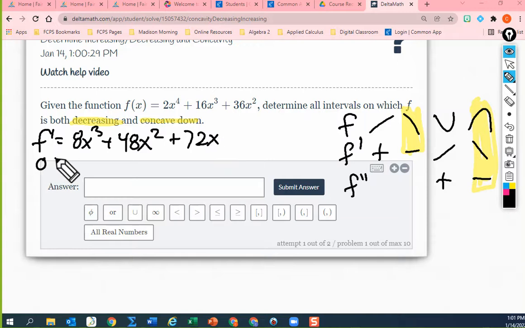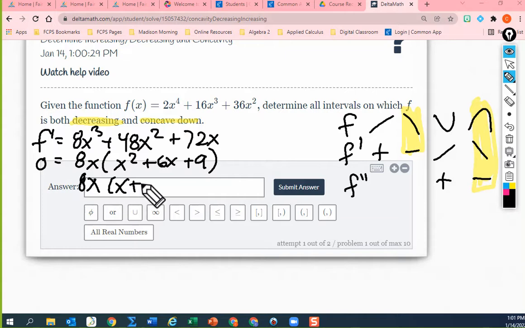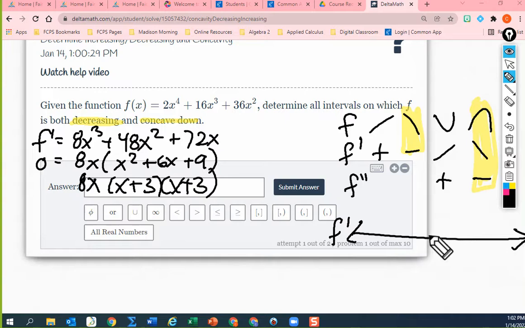I'm going to factor out the 8x, which leaves x squared plus 6x plus 9. So we get x equals 0, so f prime. So I get negative 3 and 0.